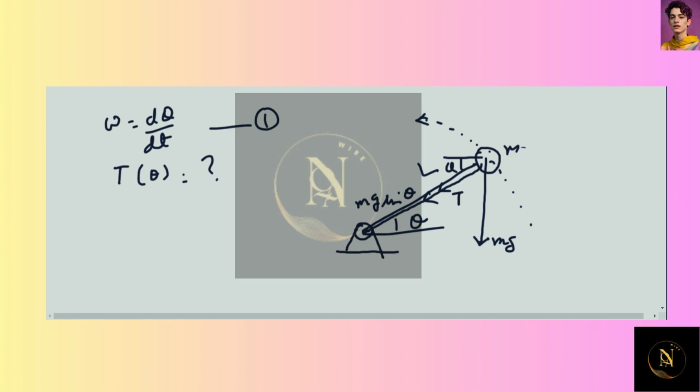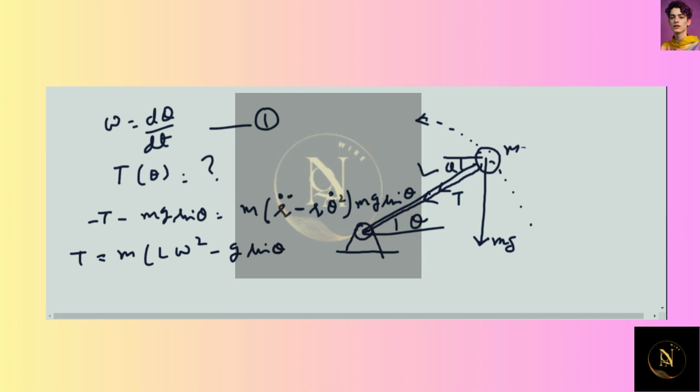And this is the tension, so minus T minus mg sine theta will be m into tangential acceleration minus radial acceleration. So T is equal to m L omega square minus g sine theta.